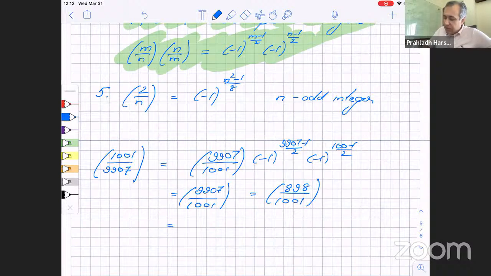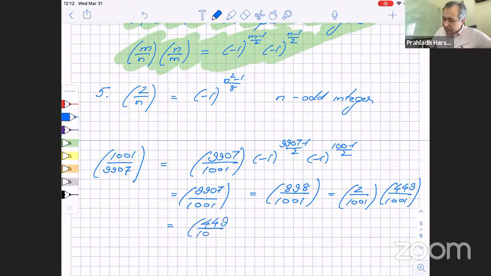Now, an even number has entered into the picture, so let's factorize it: (2/1001) times (449/1001). This follows from the Legendre symbol definition. We can calculate (2/1001) using property 5, and it happens to be 1.